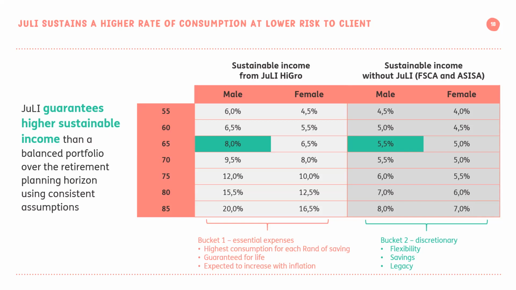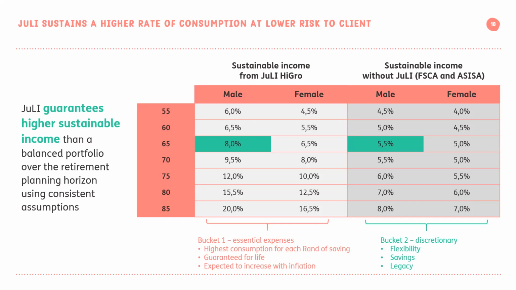And if you're looking at a joint life, you would take 0.5% off the lowest amount. So on the right-hand side, you'd use a 4.5% sustainable drawdown rate, which would compare to a 6% guaranteed life annuity rate for a joint life.